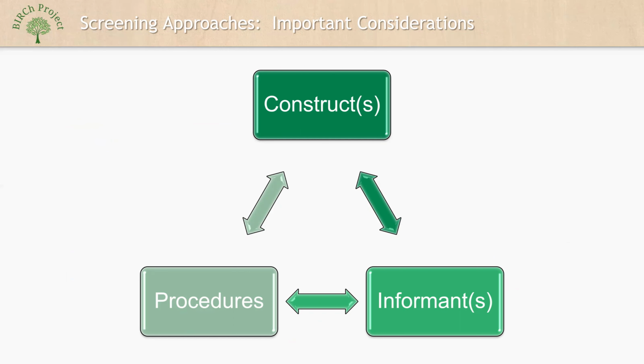So for example, if we are concerned with internalizing problems, such as anxiety or depression, those problems tend to be best reported by students themselves. So if we are interested in assessing internalizing problems, we may choose students as an optimal informant.